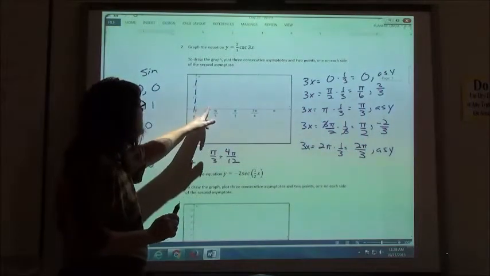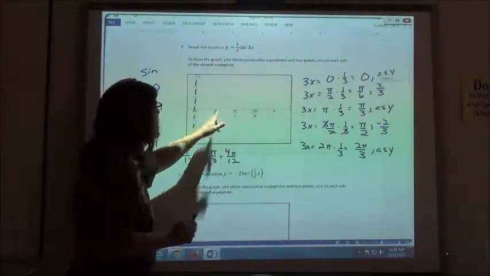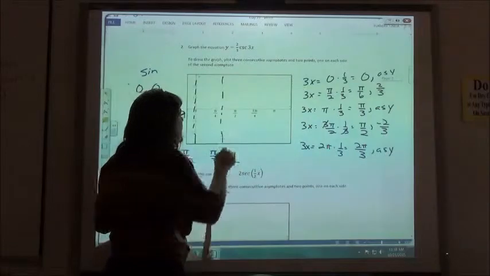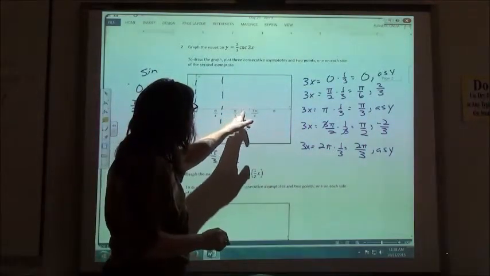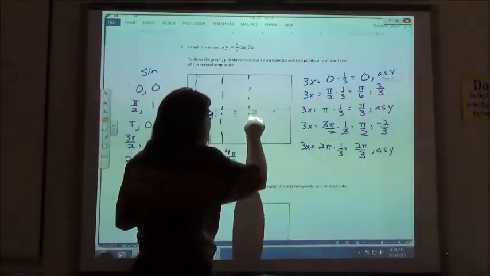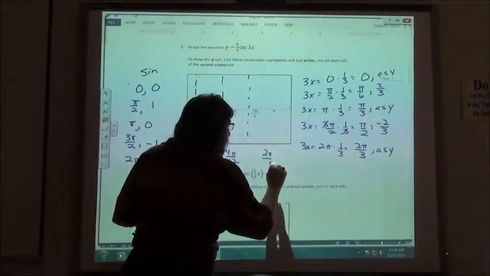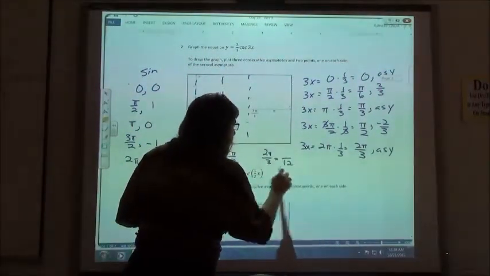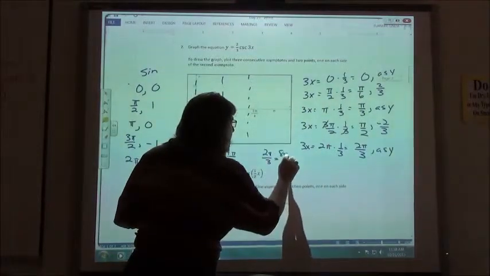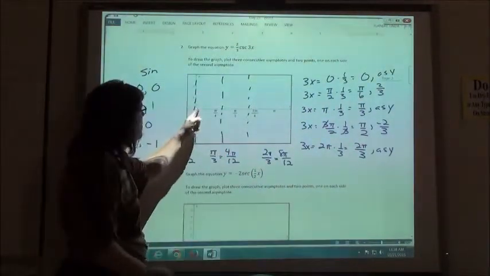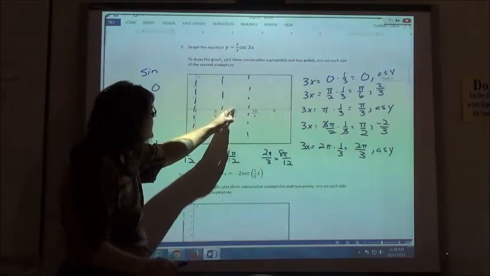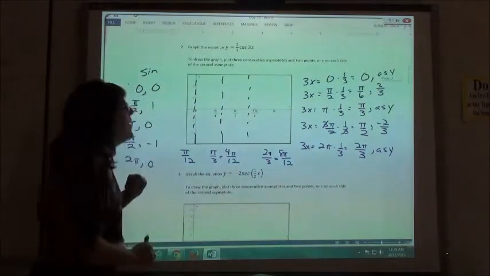So 1, 2, 3, 4 marks, that's where my next asymptote is. Which means 1, 2, 3, 4 marks would also be my next asymptote. 2 pi over 3. If I put it over 12, 3 goes into 12 4 times, I'd have 8 pi over 12. 1, 2, 3, 4, 5, 6, 7, 8, right?